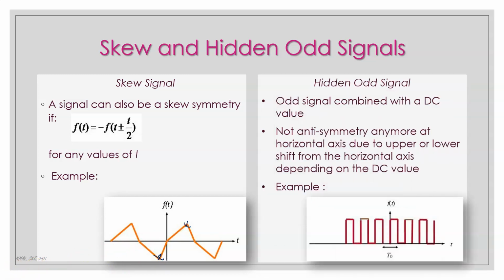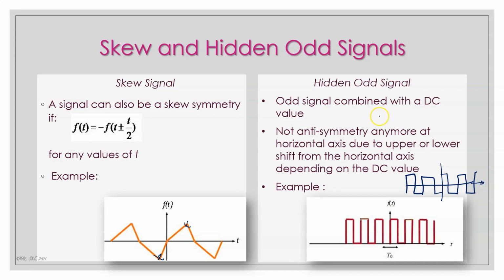And finally, the last type of signal here is hidden odd signal. Hidden odd signal is an odd signal combined with a DC value. So what does that mean? This is an original odd signal, which is anti-symmetric about the horizontal axis.